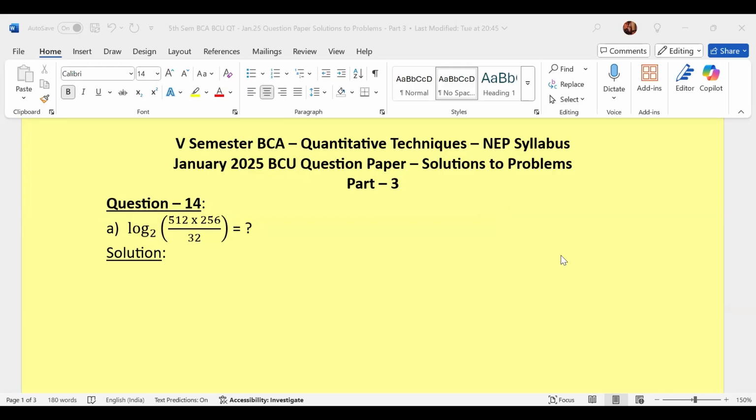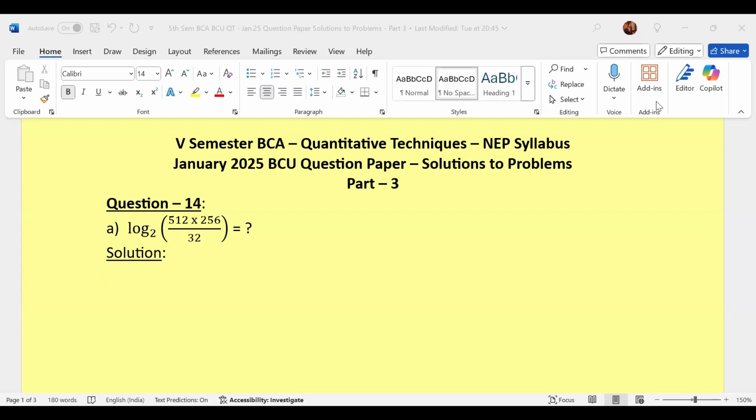So now we can write this 512 as 2 to the power of 9 and 256 as 2 to the power of 8 and then 32 as 2 to the power of 5.